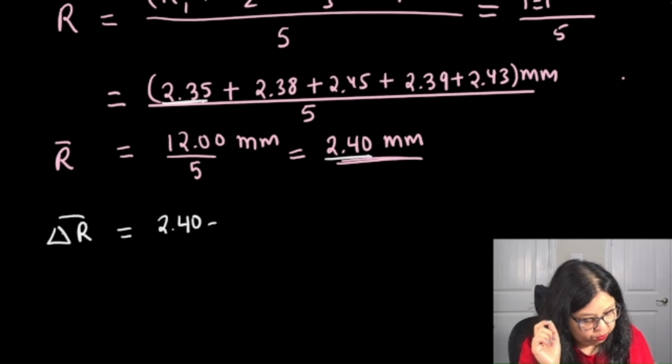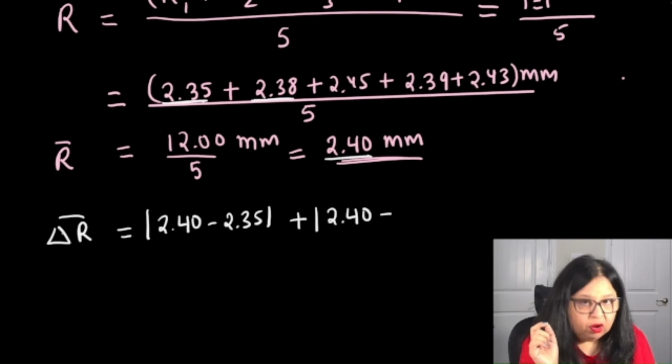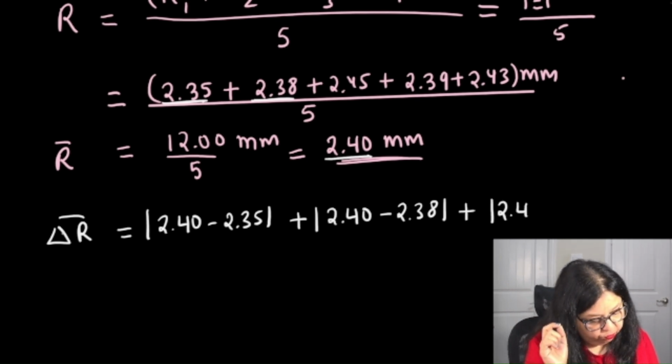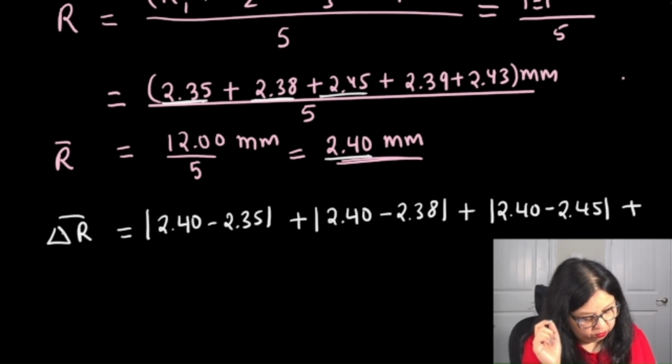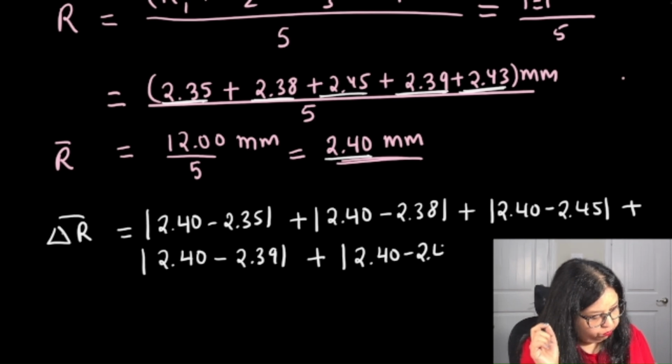So 2.40 minus 2.35, take its absolute error, plus delta R2 is going to be R bar minus this R2, 2.38, plus 2.40 minus R3, 2.45, plus delta R4 is 2.40 minus R4, 2.39, plus R bar minus R5 gives you delta R5, 2.40 minus 2.43.